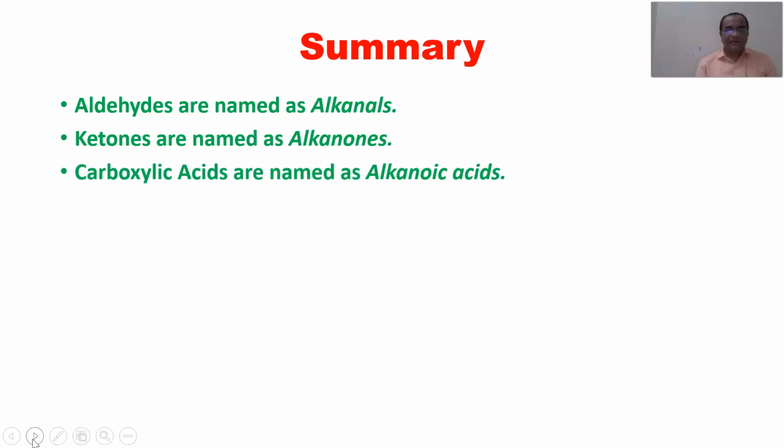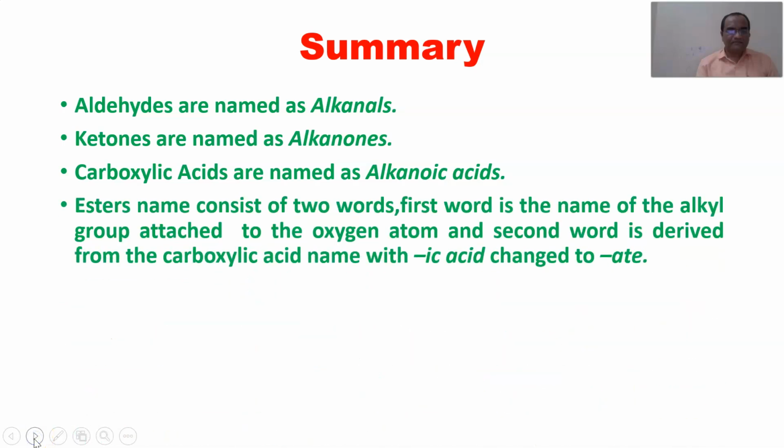After that, the main class from carbonyl is carboxylic acid, and it is named as alkanoic acid. Drop e and write oic acid. So in the suffix you have to put oic and acid. The next class that is derived from a carboxylic acid is an ester.